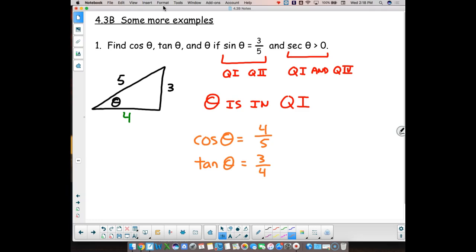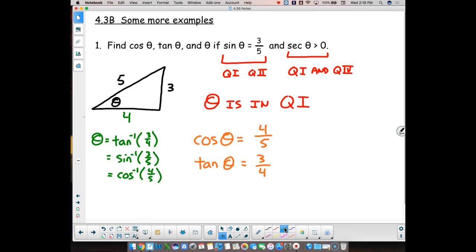And theta prime is really just theta, because we're in quadrant number 1. And I can use any of those. Okay? I could use the inverse tangent of 3/4. I could use the inverse sine of 3/5, because that was given to me. I could use the inverse cosine of 4/5.